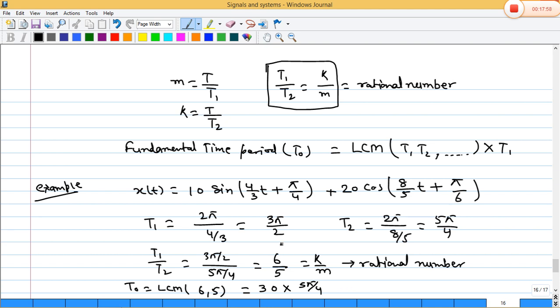T1 is, sorry, 3 pi by 2, not 5 pi by 4. It is 3 pi by 2. So 15 times 3 pi, which is 45 pi.